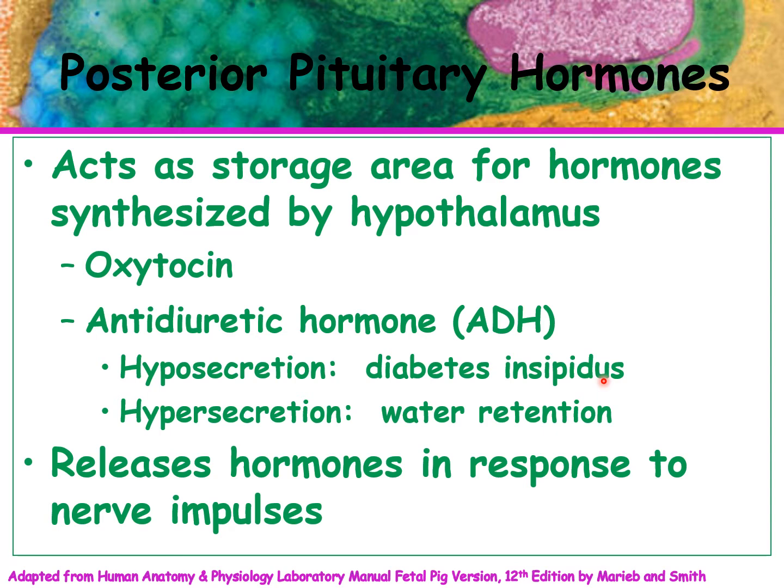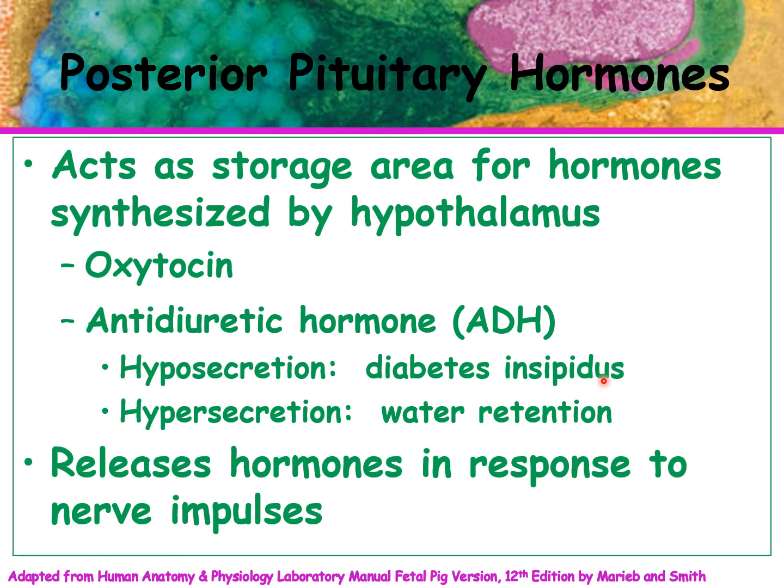They will want to continually drink water because antidiuretic hormone does not give the signal to the kidney that it should retain water. So therefore, this person will drink water in order to make up for the fact that the kidney is not retaining water appropriately.